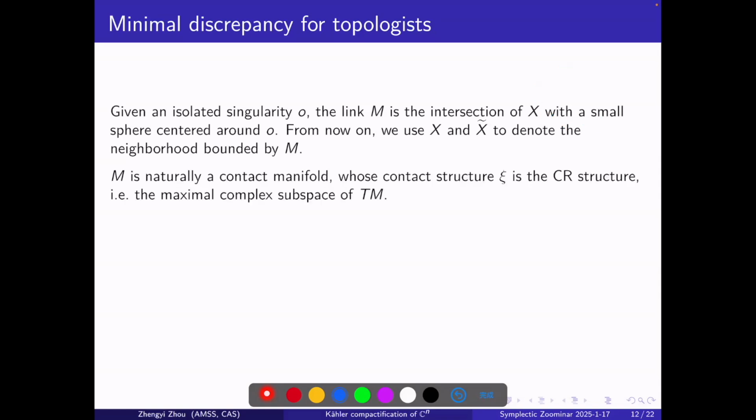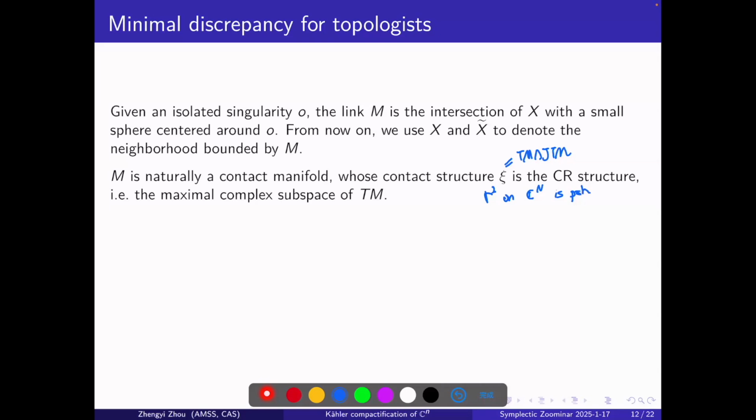So my X tilde is sort of a filling bounded by the link M. And this M is naturally a contact manifold with a contact structure, a CR structure, or it's a complex tangency. So it's the TM intersect with JTM. And it's a contact manifold because this r squared on Cn is strongly pseudo-convex. It's a PSH.